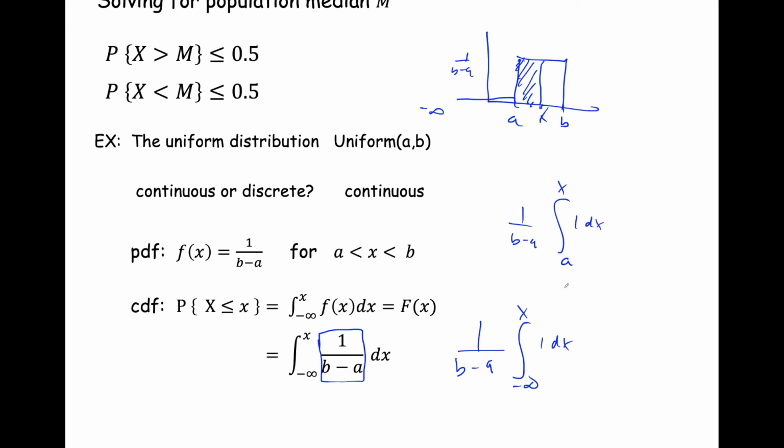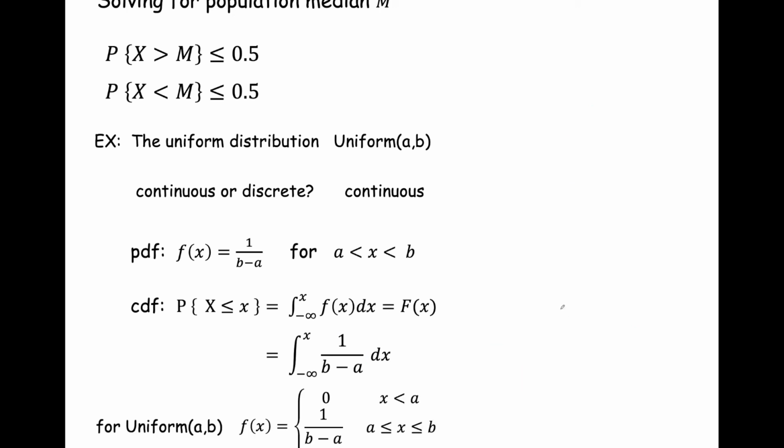Well, this integral is just 1 over b minus a times x, and we evaluate that between the bounds a and x. So if we evaluate that, well, we plug it in, and we get the following. We say this PDF, that's its definition. We said that before, graphically.